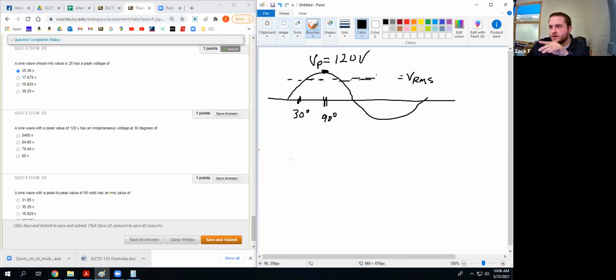So what you're trying to do there is divide 120 by 3, right? Not right. Remember, it's a sine wave. So we have to take 120 times the sine of 30.